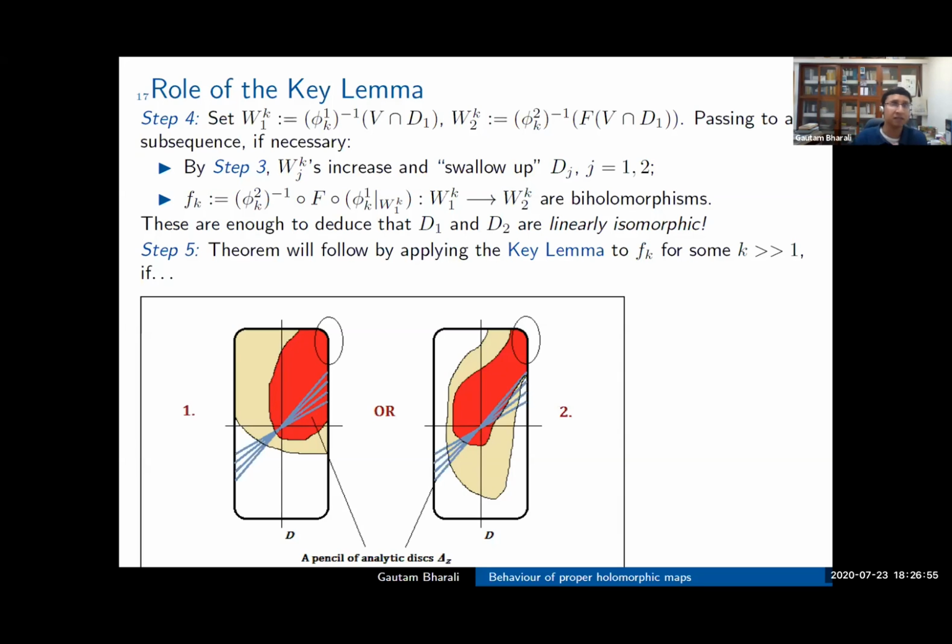He looked at an intrinsic distance called the Bergman distance. And the behavior of a proper holomorphic map with respect to the Bergman distance is such that any sequence going to the boundary is a Cauchy sequence, and you can construct a completion.